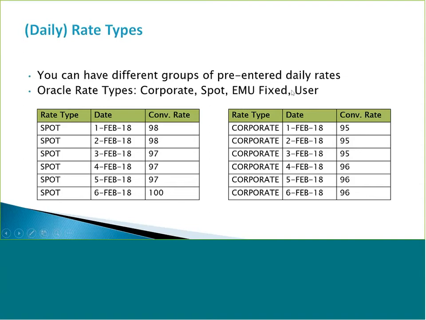So those rates are fixed. Once you query for the rate types which are preseeded in Oracle, you will see all these four, but you can only enter exchange rates against corporate and spot. You can't enter rates against EMU fixed, and you can't enter rates against user. We will gain more clarity once we go to the system and look at all this.